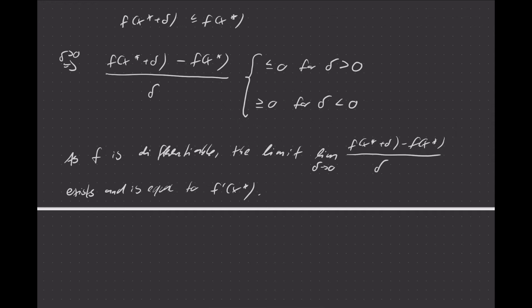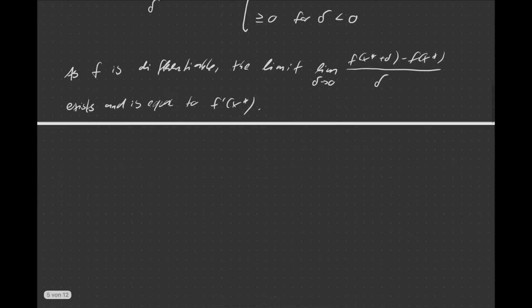On the other hand, if we consider the one-sided limits, then we know those must agree. So the limit of delta to 0 from below of f of x star plus delta minus f of x star divided by delta, and the limit delta to 0 from above of the same expression.